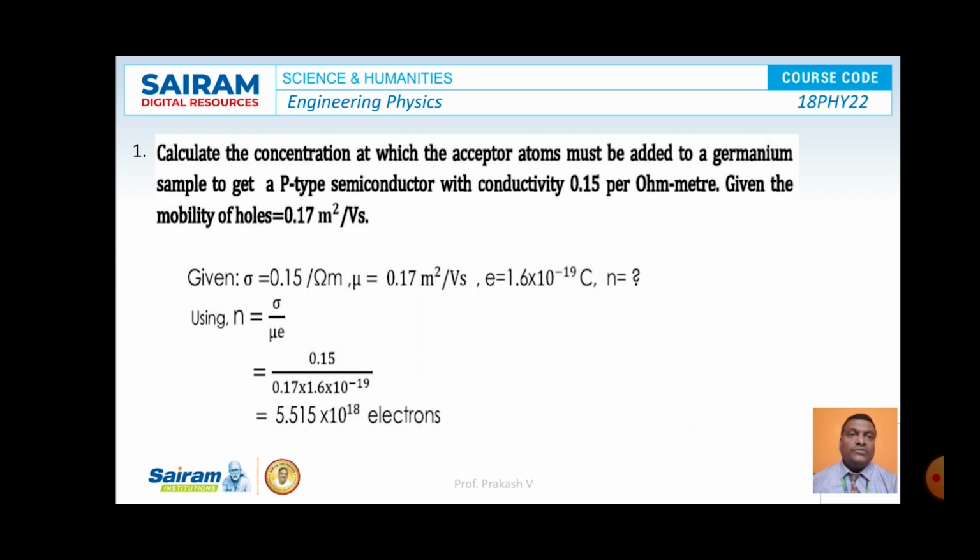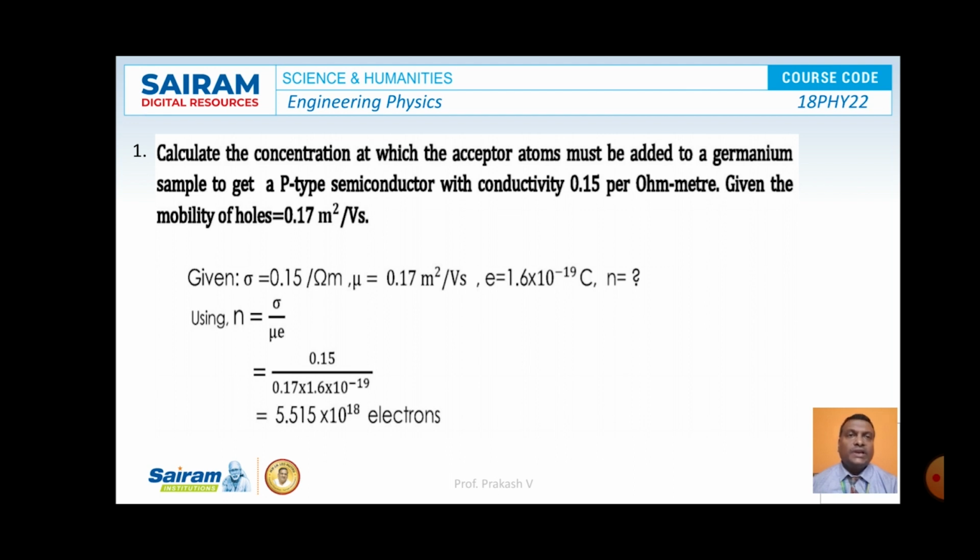Calculate the concentration at which the acceptor atoms must be added to a germanium sample to get a p-type semiconductor with conductivity 0.15 per ohm meter, given the mobility of holes is equal to 0.17 meter square per volt second.